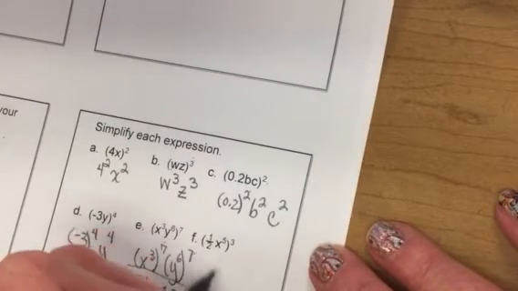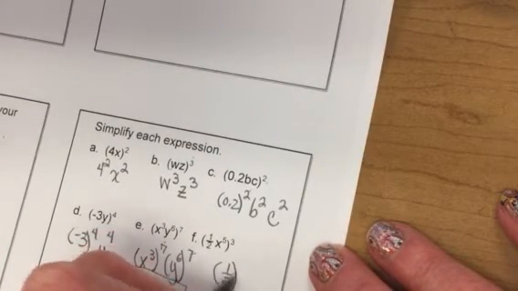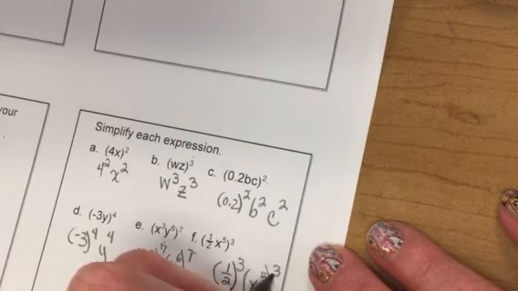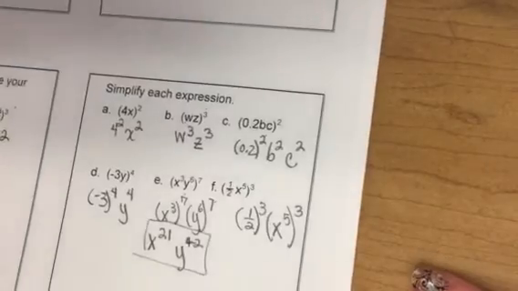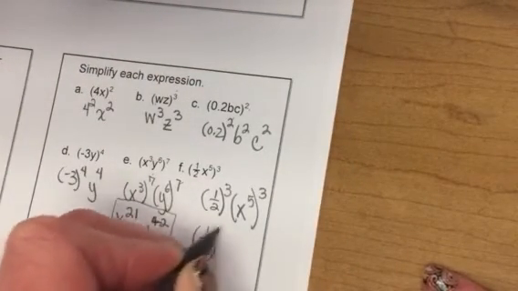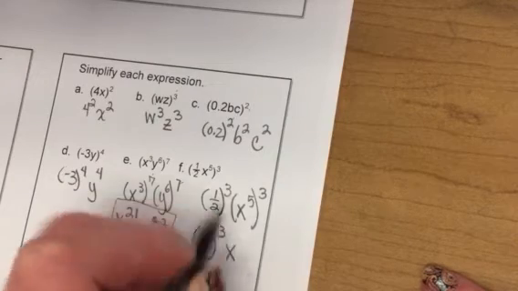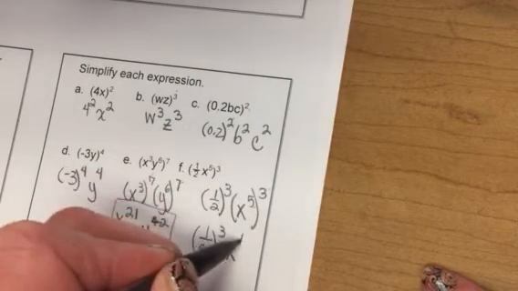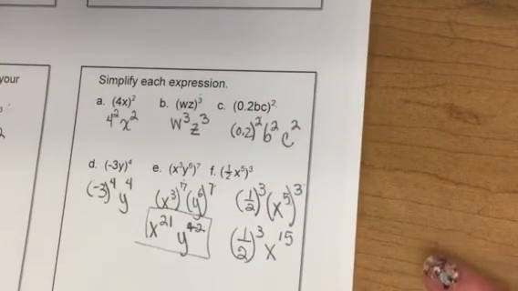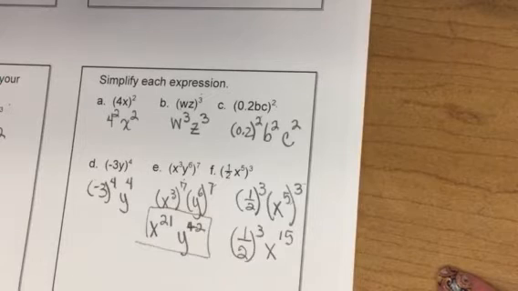Letter F, 1/2 to the 3rd, x to the 5th to the 3rd: 1/2 to the 3rd, x to the 15th. If it asks you to leave them as powers, these would be your correct answers.